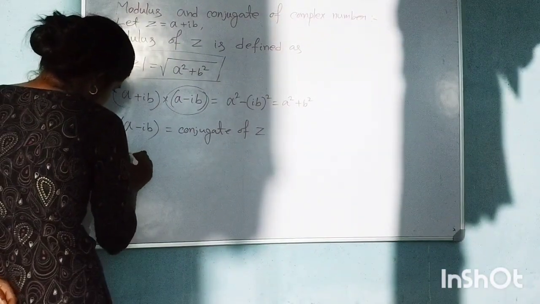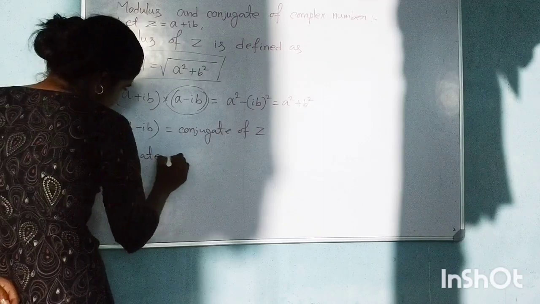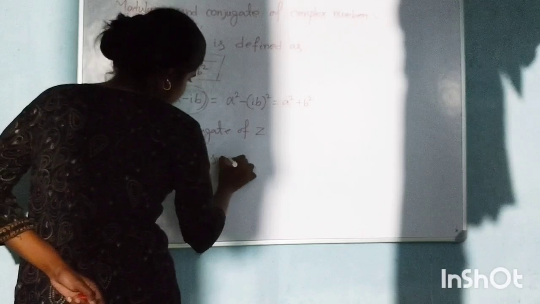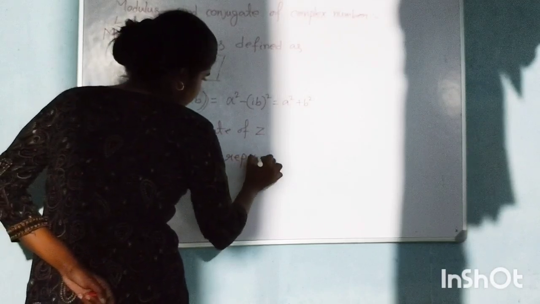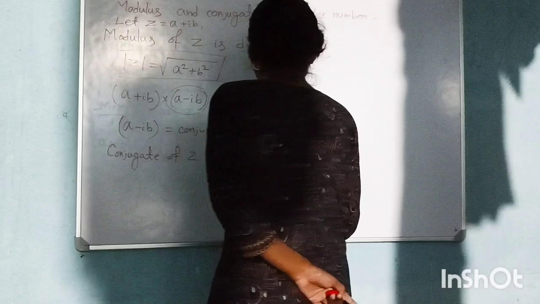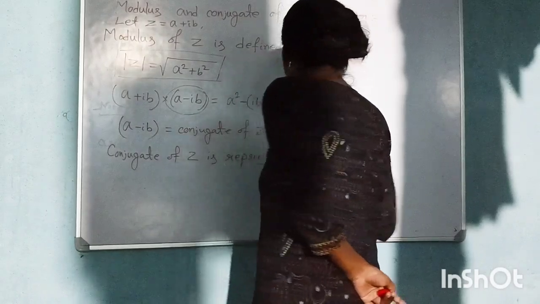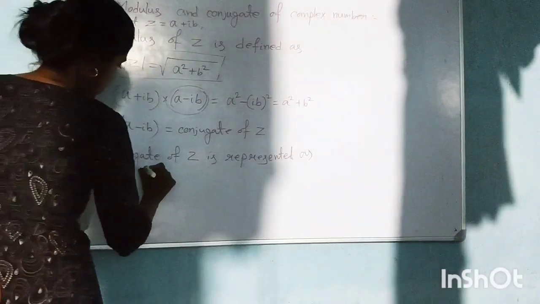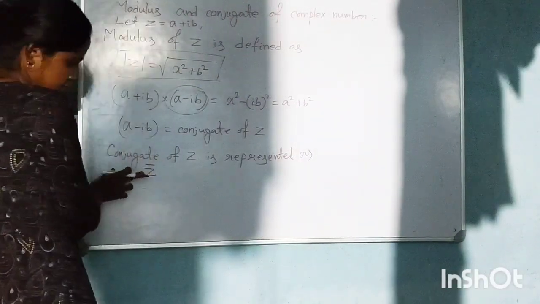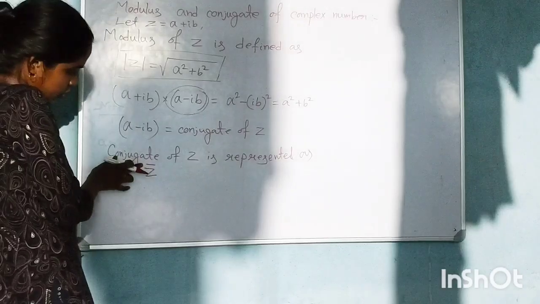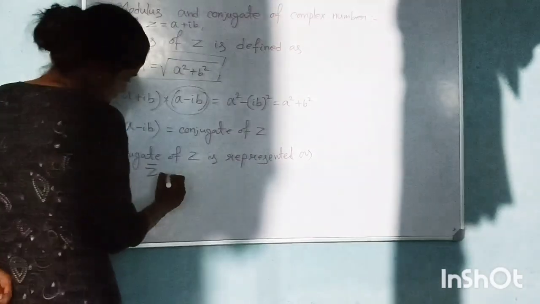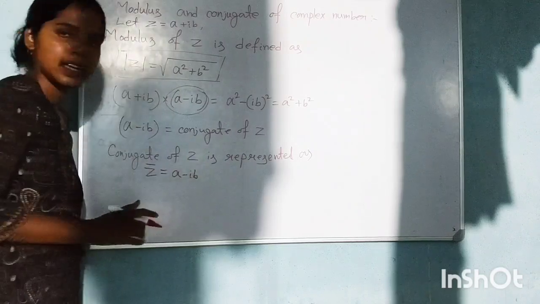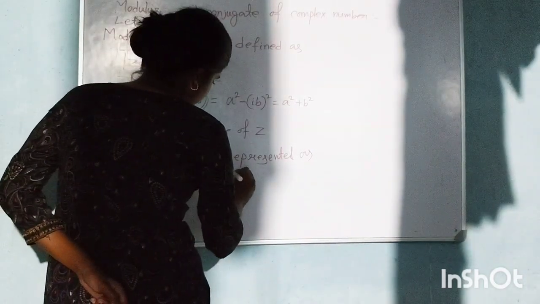The conjugate of z is represented as z bar, with a bar at the top of z, equal to a minus ib, where z is a plus ib.